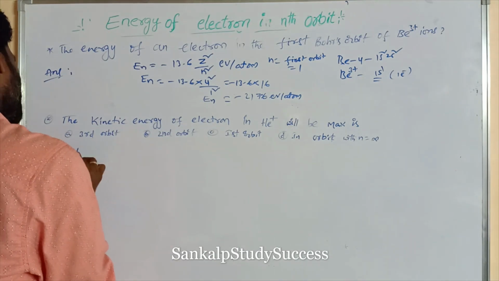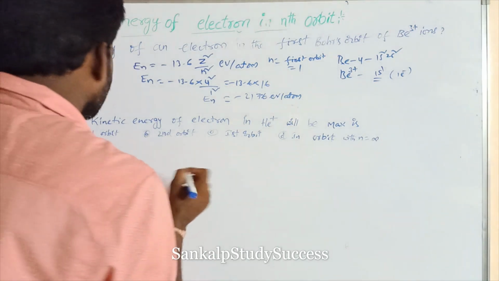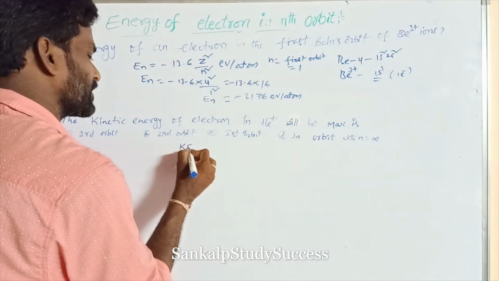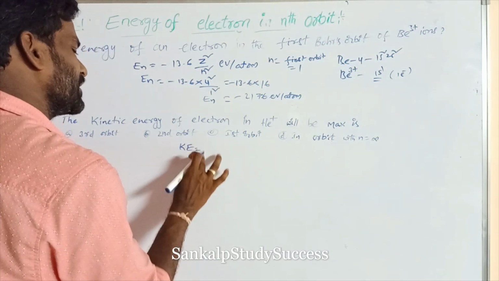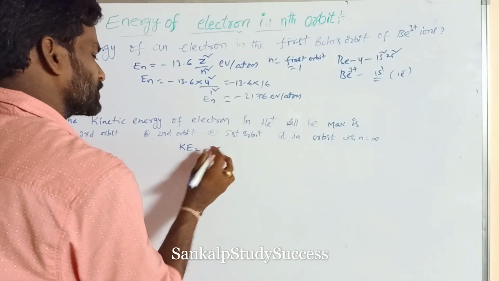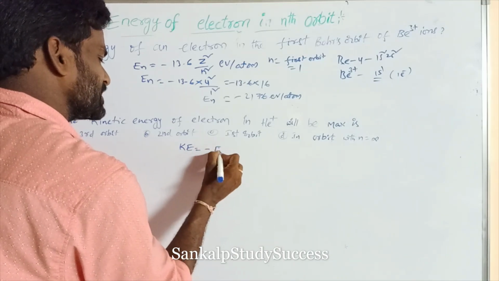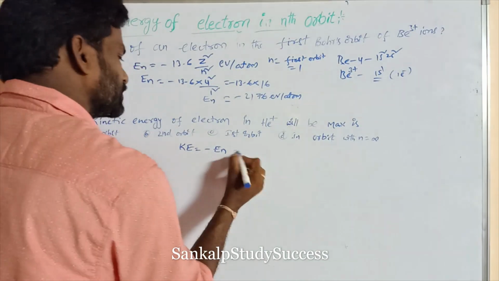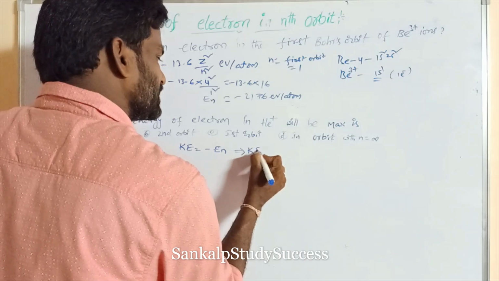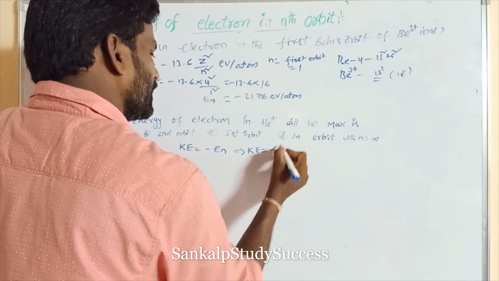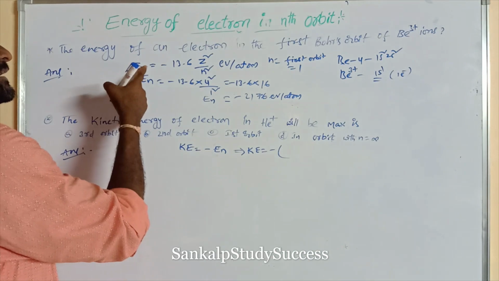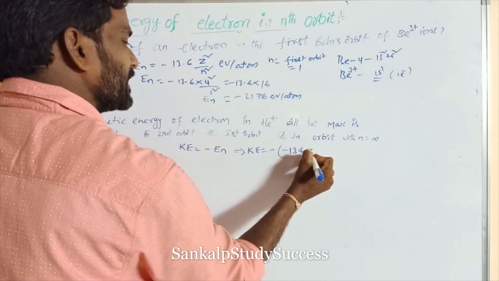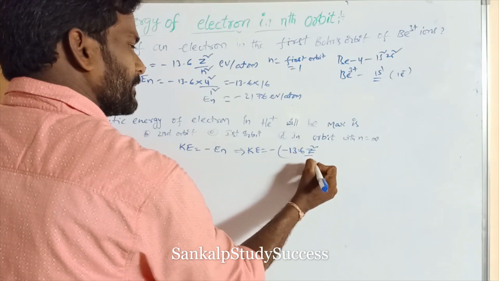According to the previous video, we know the relation between kinetic energy and potential energy: Ke is equal to minus Pe, minus total energy. Ke is equal to minus the total energy of electron in nth orbit. So Ke is equal to minus of the energy of electron in nth orbit, minus 13.6 Z square by N square.